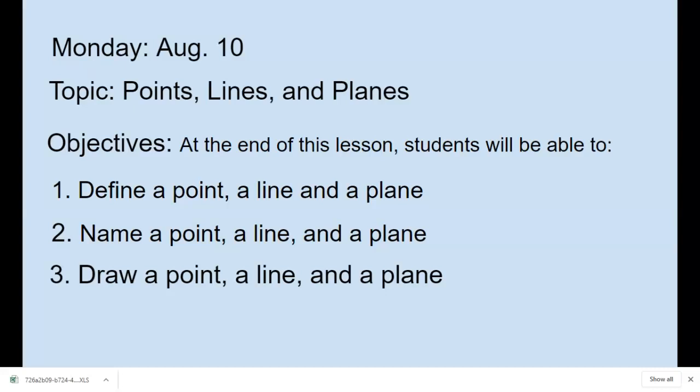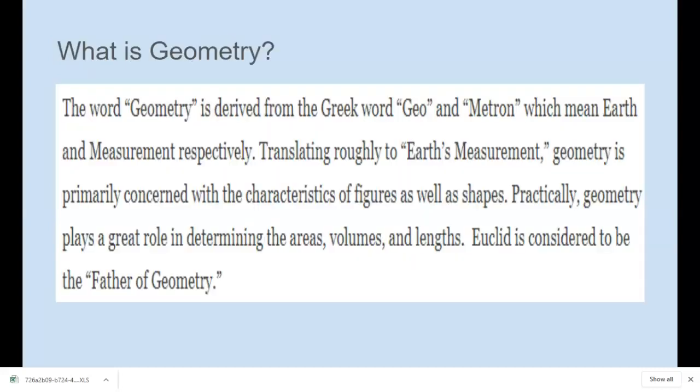But before we go into the intricacies of our lesson for today, allow me to present to you first a little background of our course. What is geometry? Based on my research and study, geometry is derived from the Greek words geo and metron, which mean earth and measurement respectively. So it's basically earth measurement, and it's primarily concerned with the characteristics of figures as well as shapes.